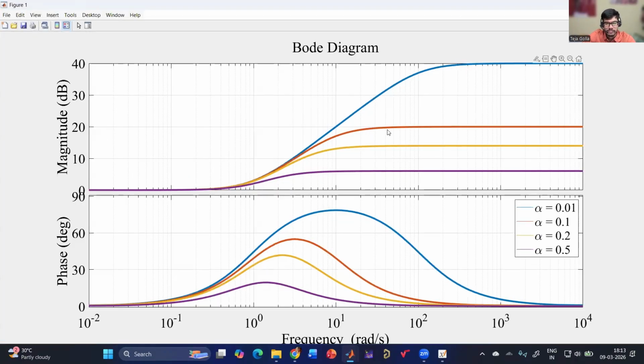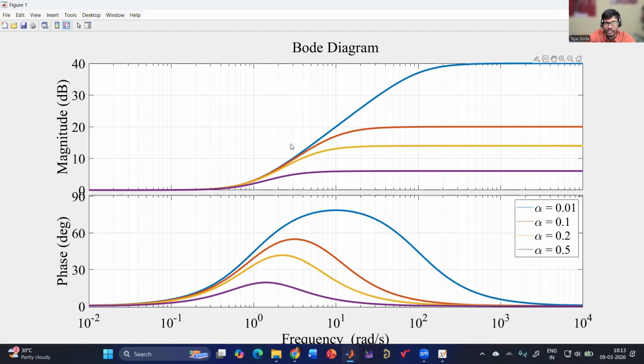If you see, as alpha becomes smaller, the phase lead that it provides is more. If I have a larger alpha, close to 1, the phase lead is less. You can see the peak phase happening at different locations for different alpha.